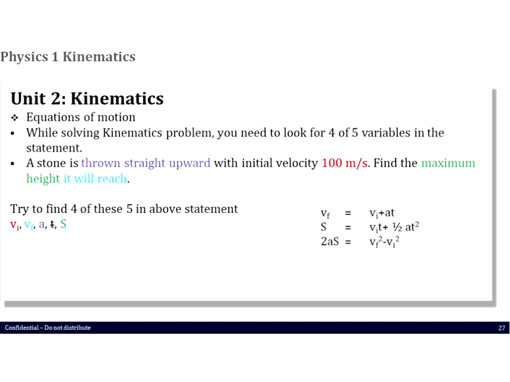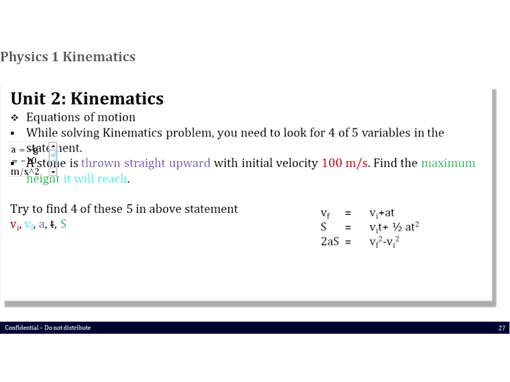Okay, so a stone is thrown straight upward. If we throw something upward, one thing is understood that A is equal to minus G, that is equal to minus 10 meter per second square. So this is the kind of information you should be able to grab from the statement.